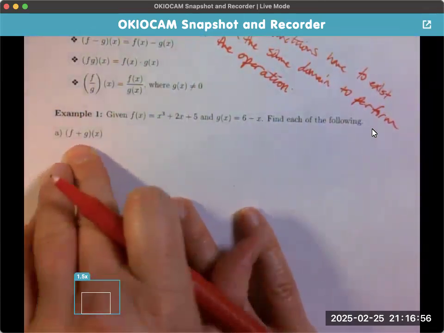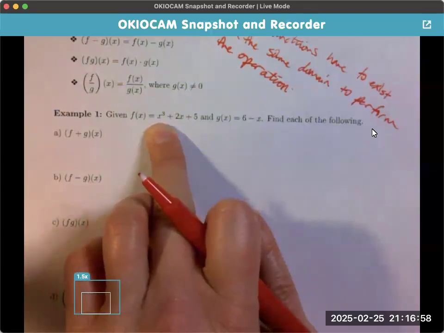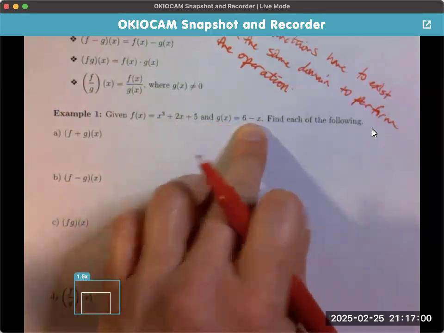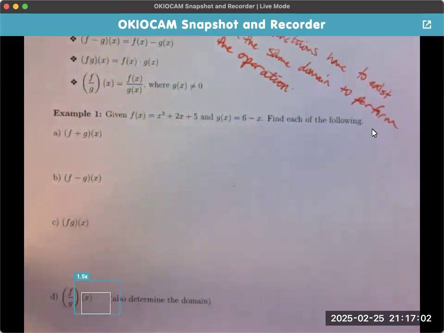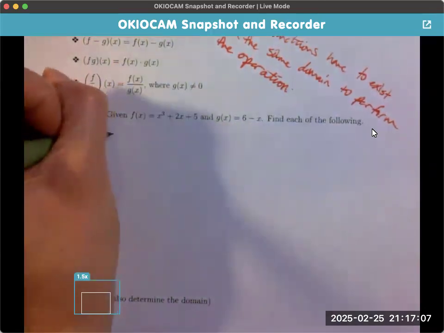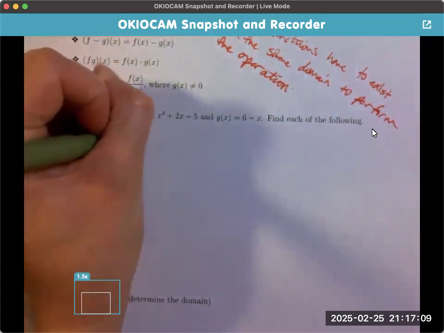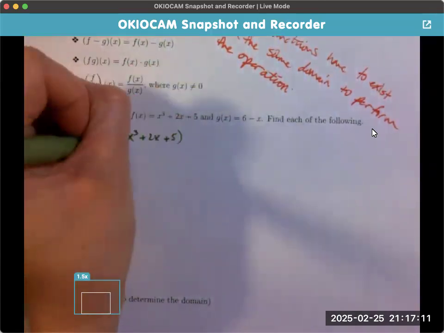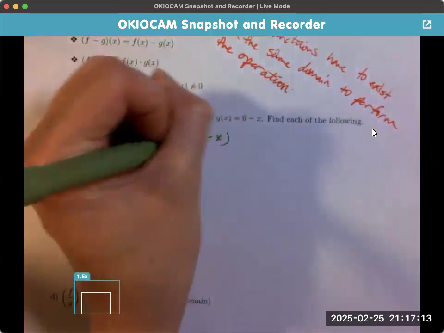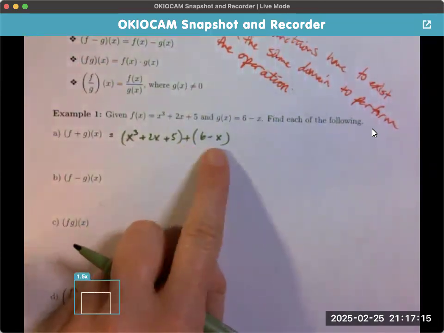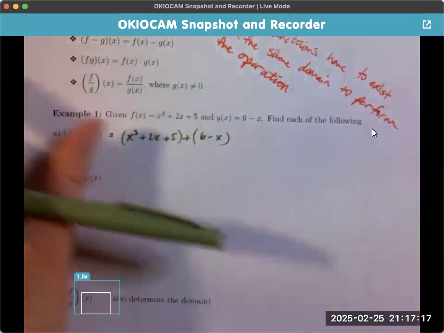Okay, so the f plus g, if this is f, x cubed plus 2x plus 5, and this is g, 6 minus x, then we really are just adding the two functions together. This is x cubed plus 2x plus 5 plus 6 minus x. So f plus g, which is what this says right up here.